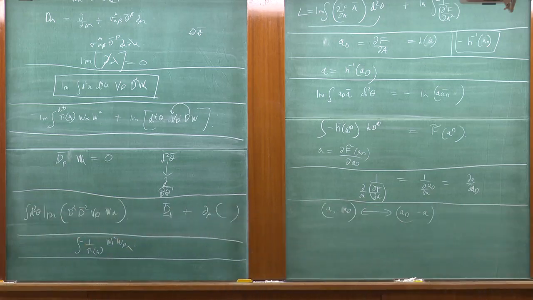So under duality, the fields A and A_D get interchanged with one another. That's the net conclusion. Is this clear? Okay. Excellent.